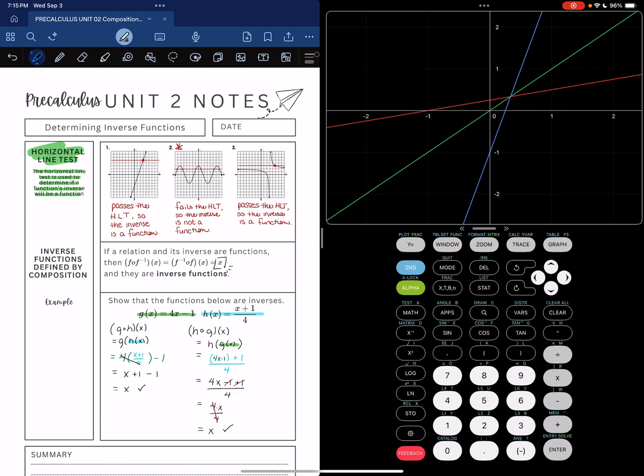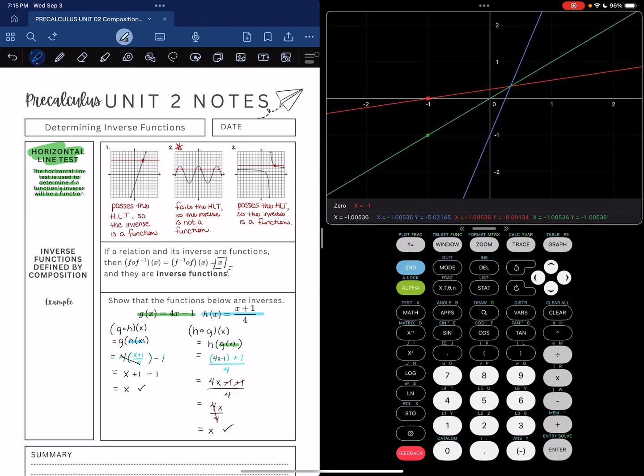What was the point (-1, 0) right there on the red graph is going to be reflected, and it's actually going to be (0, -1) on the blue graph. They both cross the green line at exactly the same point, and every other point is just a perfect reflection so that the x and y's flip or switch.